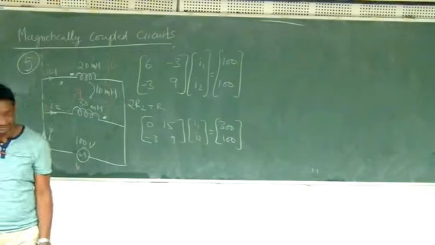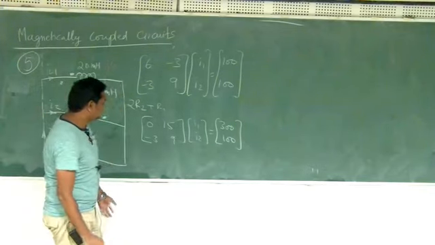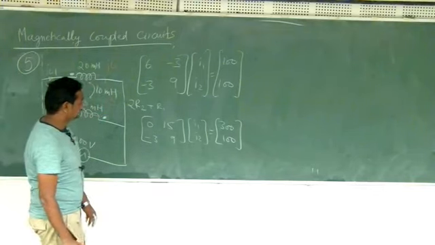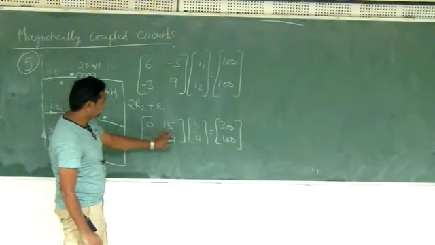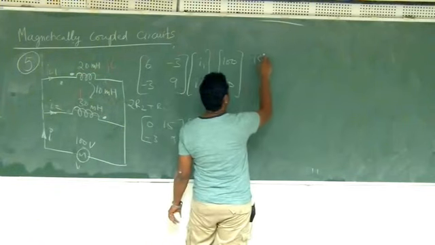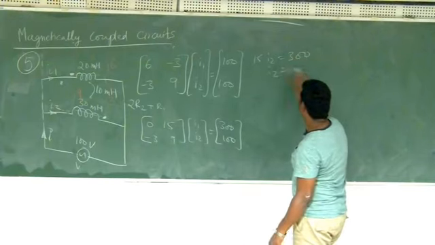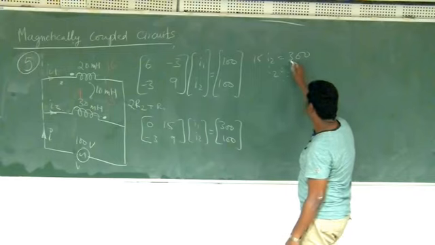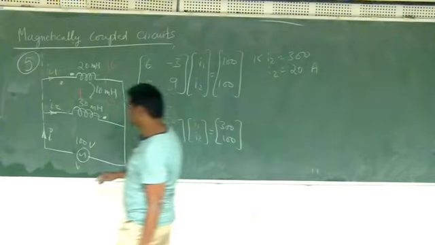So 15 into I2 is 300. Correct. So I2 will be 300 by 15, so it will be 20 amperes. I2 itself is 20 now.